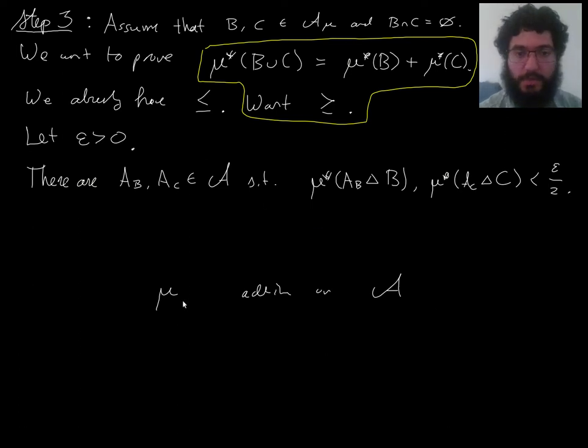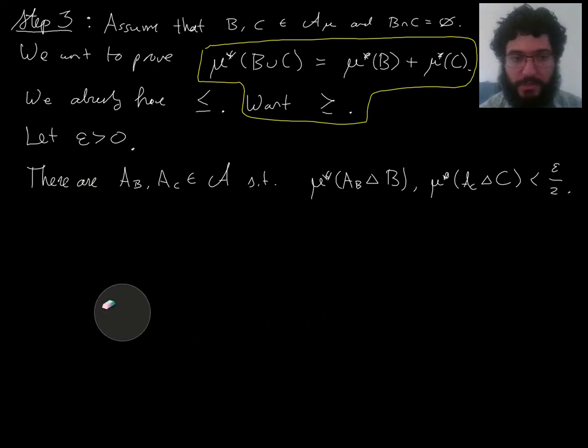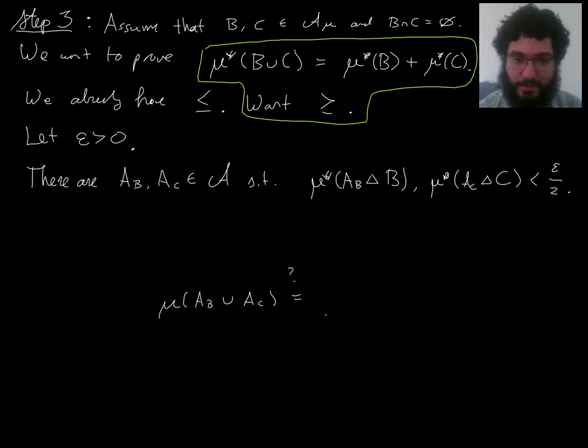So how do we bring the additivity of mu into the picture here? Well, mu doesn't operate on things like B and C, right? Mu operates on things in our algebra of sets, like AB and AC. So if I want to bring the additivity of mu into the picture, then somehow I need to work with this. Let me put a big question mark here.